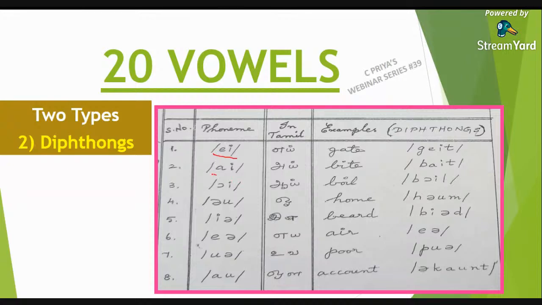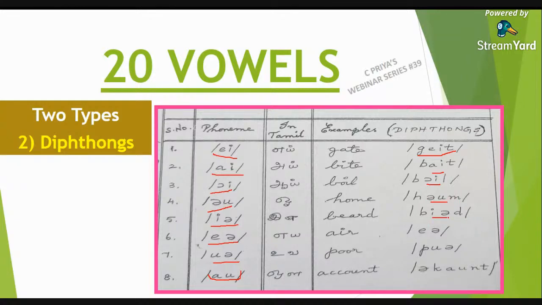A, I, O, ear, over, and this one is ow. Eighth sound. With this, let's go to the phonetics. Gate. This is I, bite. I, boil. H, O, M, home.